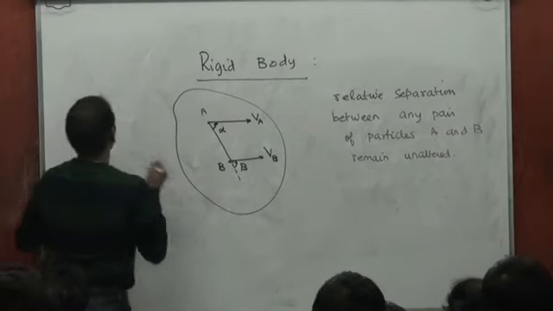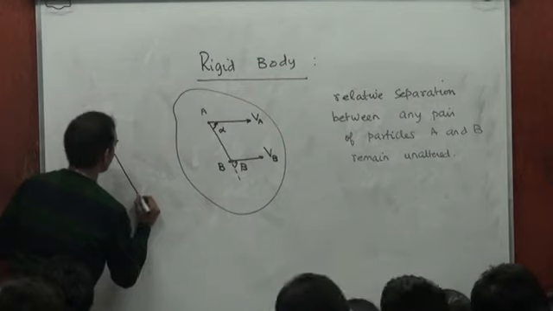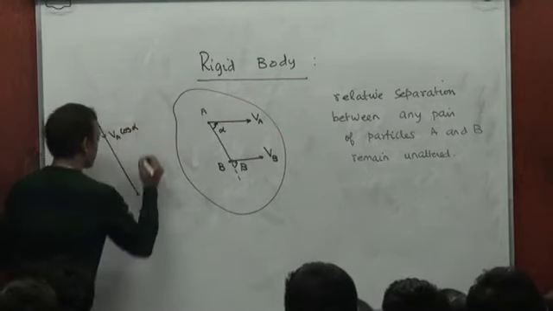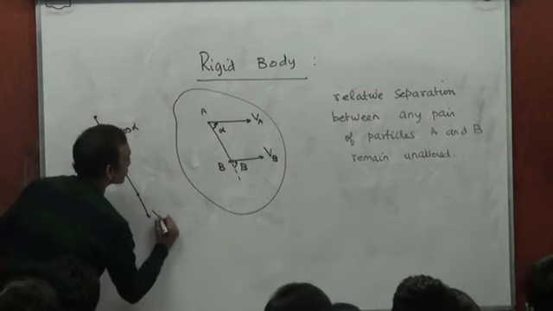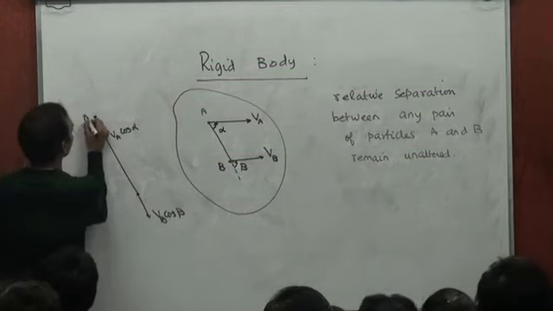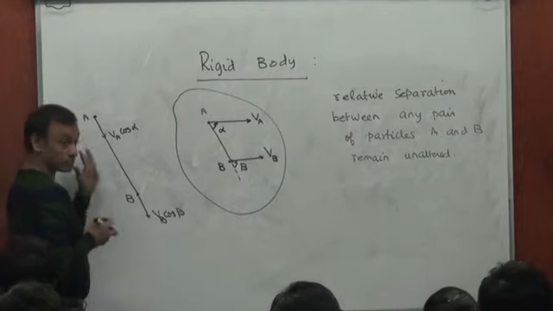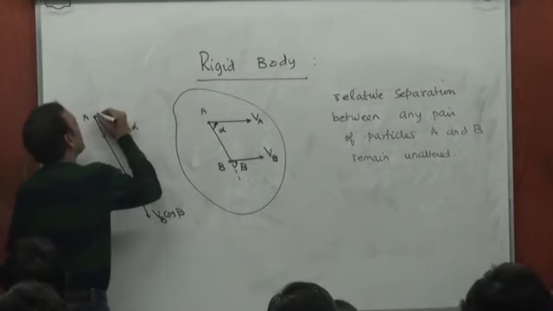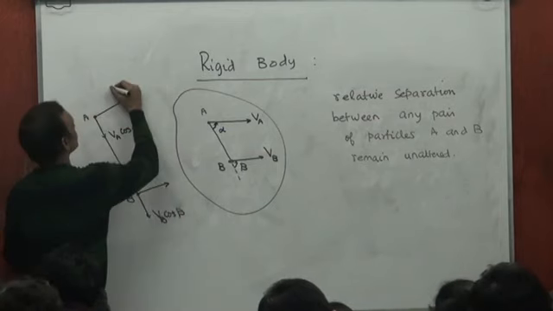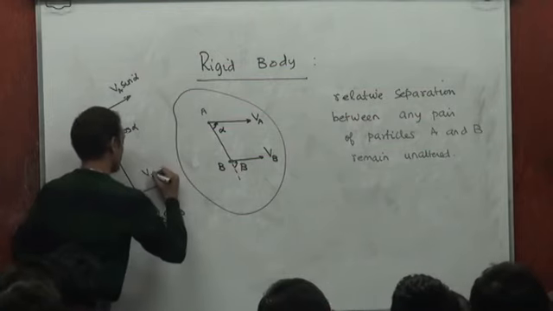Now, their velocities could be resolved along AB as VA cos alpha and VB cos beta. And perpendicular to the line joining them, their velocity components would be VA sin alpha and VB sin beta.